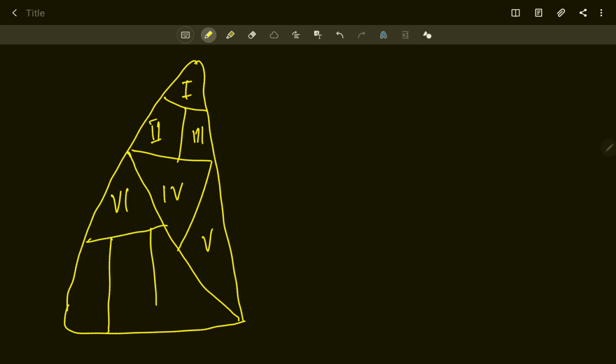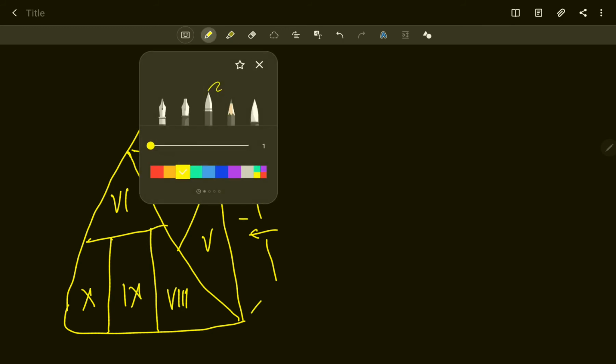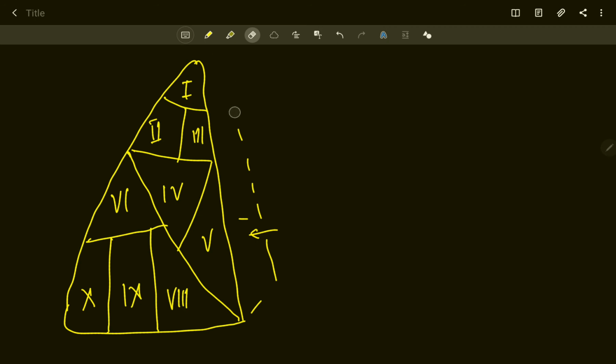Segment 7 is not seen in this view, so segments 8, 9, 10, the bronchopulmonary segments, are present here. Somewhere in this medial direction, behind this, your segment 7 is present, which is not seen in this view.